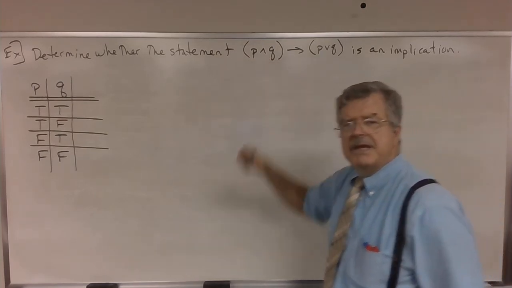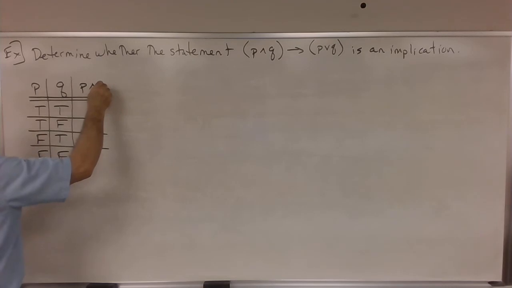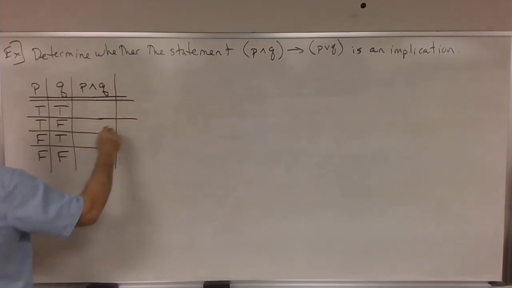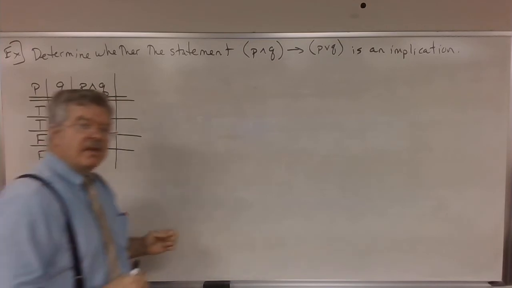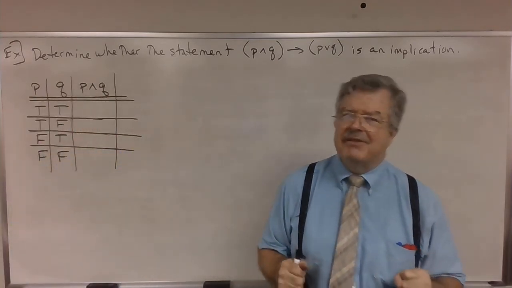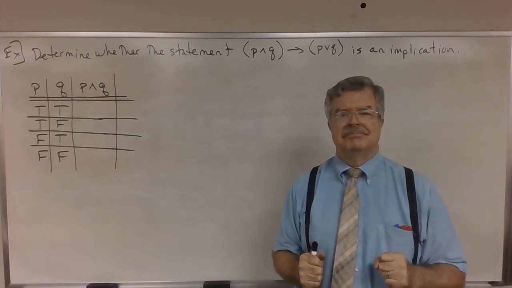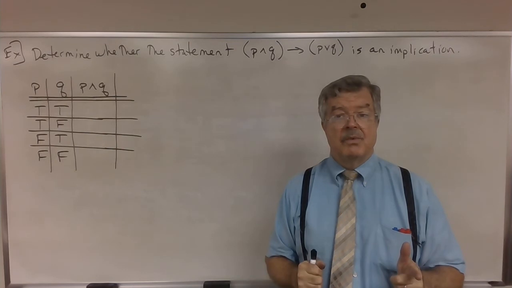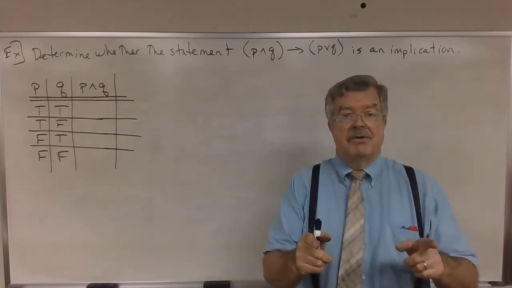And let's do P and Q first. This is an and statement. What's the special case for an and statement? An and statement is only true when both the statements that make it up are true, right?